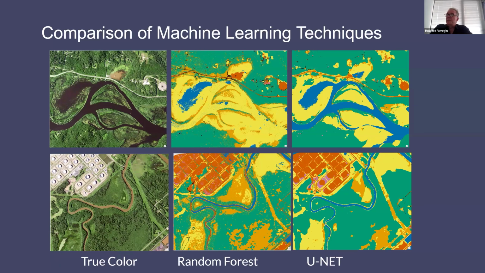There are obvious differences in these two images between the ability of these two machine classifiers to identify things. For example, in the top image in the center, random forest has identified the river as herbaceous. I think that is in yellow vegetation, so that did not work out too well. So a lot of qualitative as well as quantitative assessments were done to try to figure out which of these methods was better.